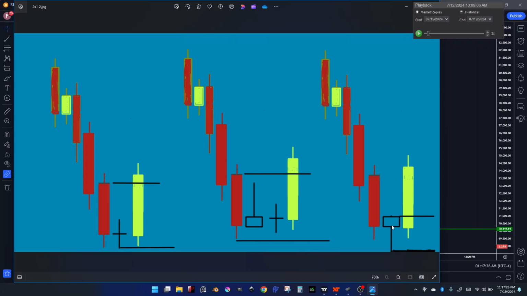But if you have a hammer candle and the wick goes outside of the area of that last candle and then comes back up, that's generally a sign you're going back the other way, and you're still going to follow the same rule.